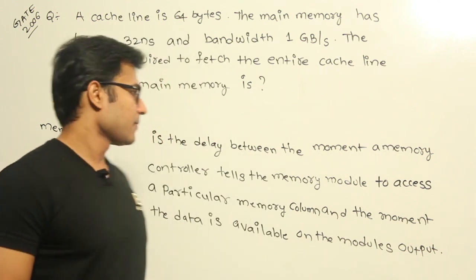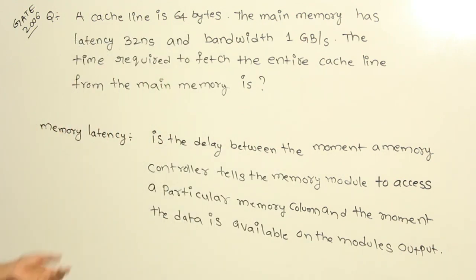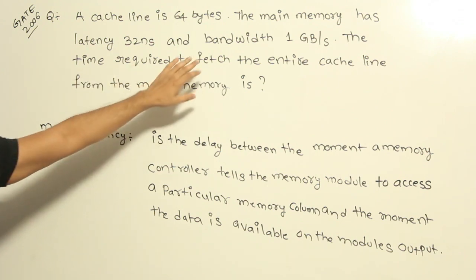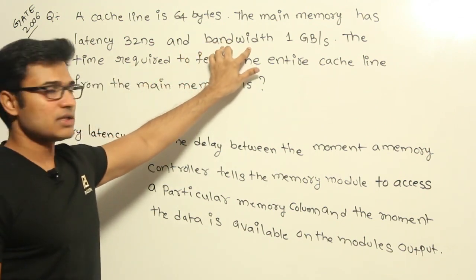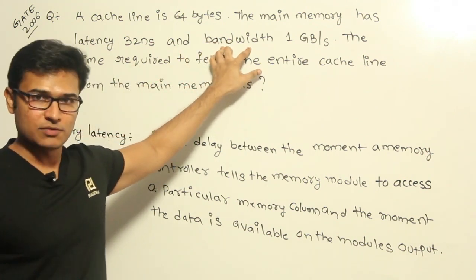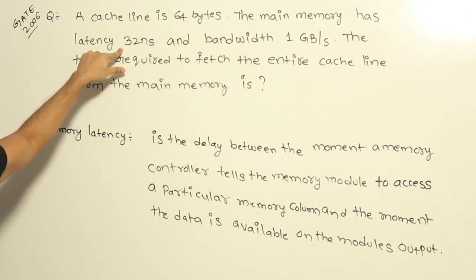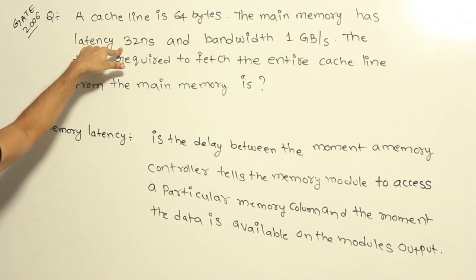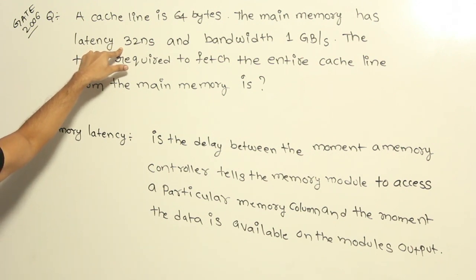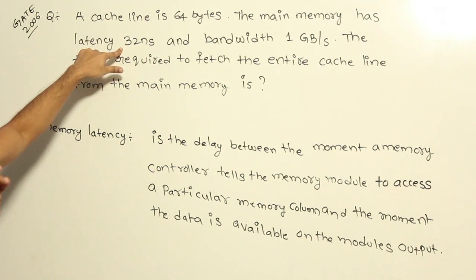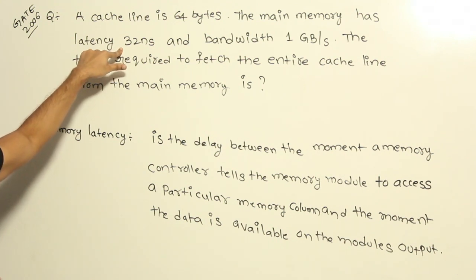If you observe, they are using the word latency and also the bandwidth. The bandwidth is the rate at which the main memory can provide us the information, and the latency is, once you give the request to the main memory or any module, once you ask it for some information, in order to locate the starting point of the information or that particular column, it is going to take some time.